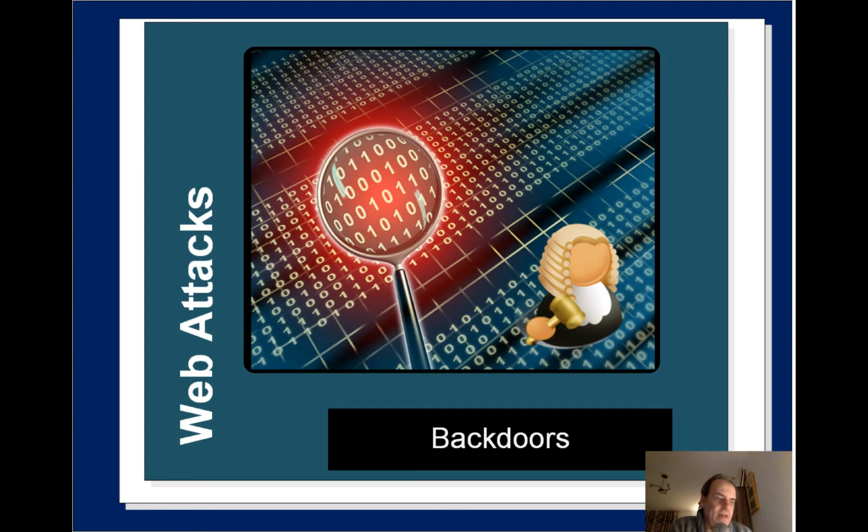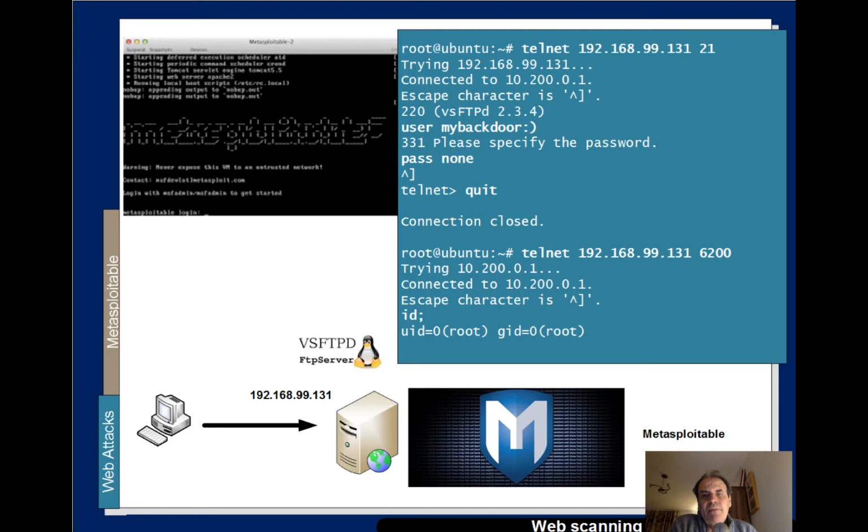So now let's look at some backdoors that were common in the past. So often web developers, or developers of services, will put in a little backdoor just so that they can get back in quickly. So here's a couple. It happened on the vsftpd FTP daemon that if someone put in a username with a backdoor smiley face, they didn't actually need a password, and they could get connected onto the system because it opened up port 6200.